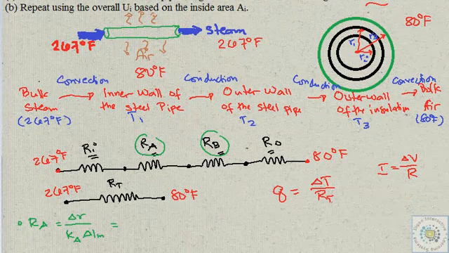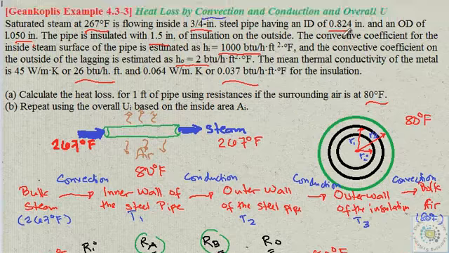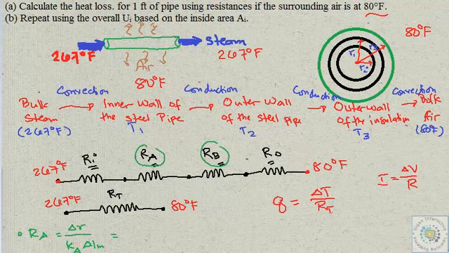If we put values to Ri, since we are given an ID of 0.824, let me convert that to feet and divide by 2 to convert it into radius. So Ri will just be 0.412 over 12, because I divided by 2 already.